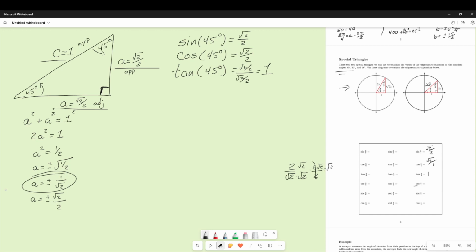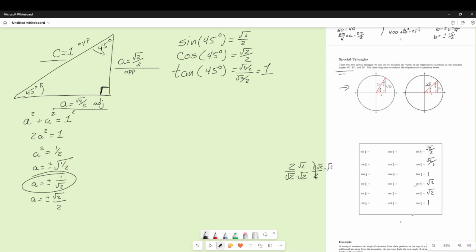It's really the reciprocal of that. So either way, it's a square root of 2. Same for secant, because those were the same. Cotangent, reciprocal of 1 is 1. All from knowing this nice triangle.